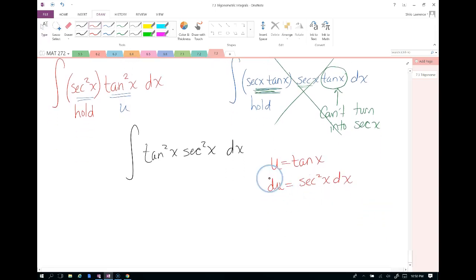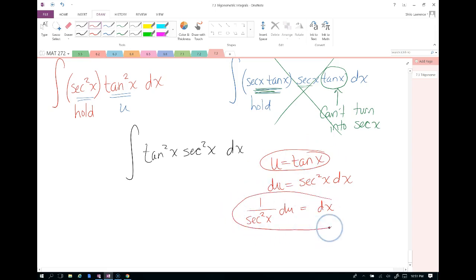And if you want to, you could divide your secant squared over so you can see how it will cancel when you pull it back into your integral. So now we're going to replace all the tangents with u, and we're going to replace dx with 1 over secant squared du, and see what happens in our integral.